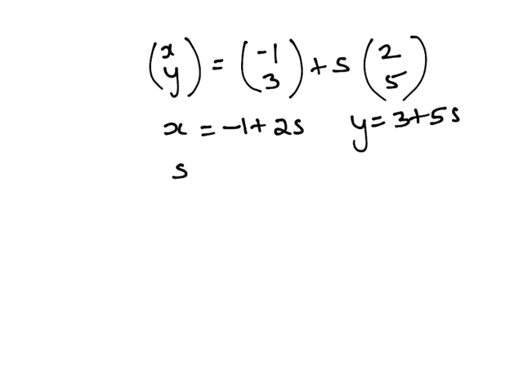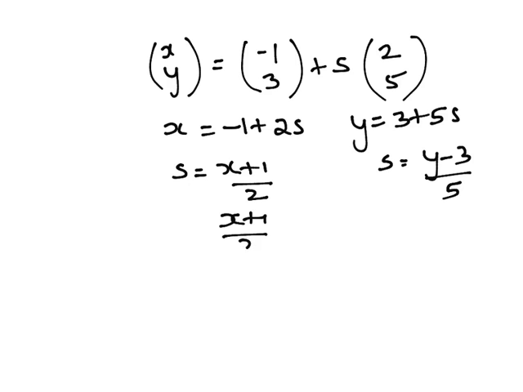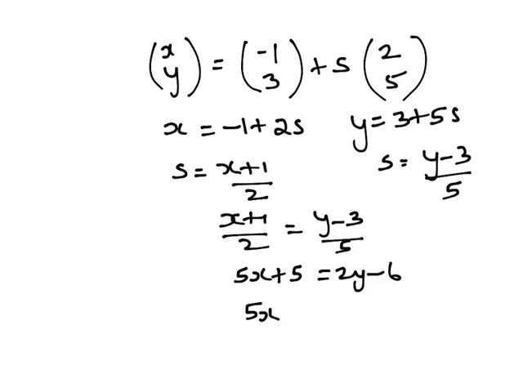So s is nothing but x plus 1 by 2 and here s is nothing but y minus 3 by 5. So I can equate them both. X plus 1 by 2 equals y minus 3 by 5. So cross multiply, you'll get 5x plus 5 equals 2y minus 6. So I get 5x minus 2y equal to minus 11.